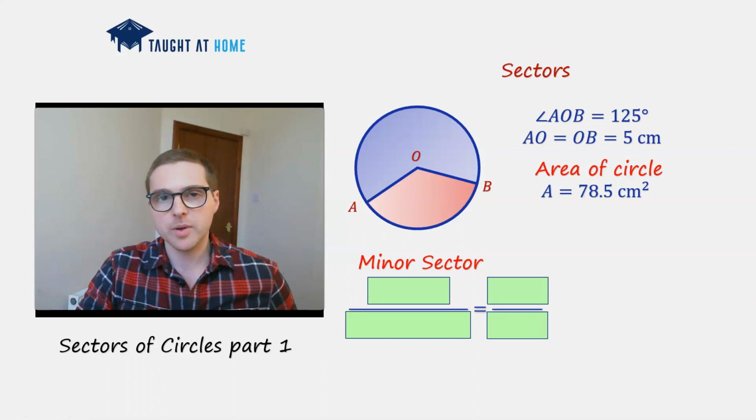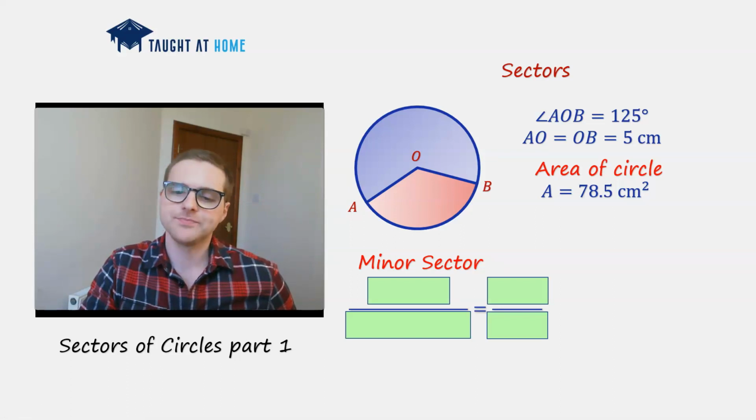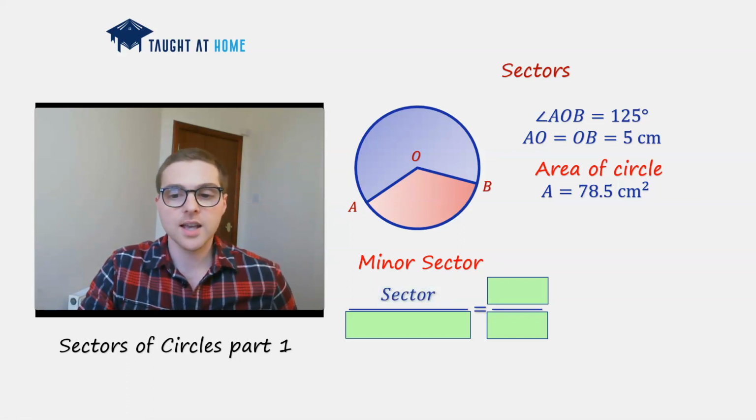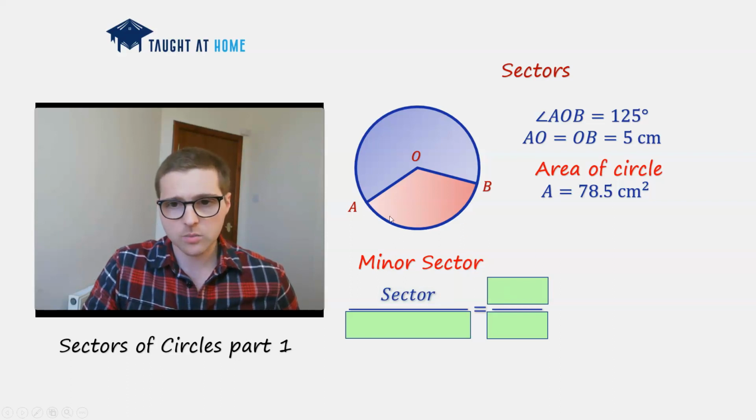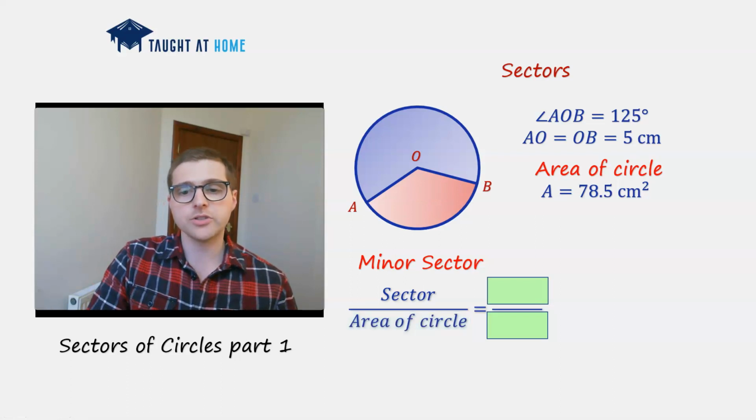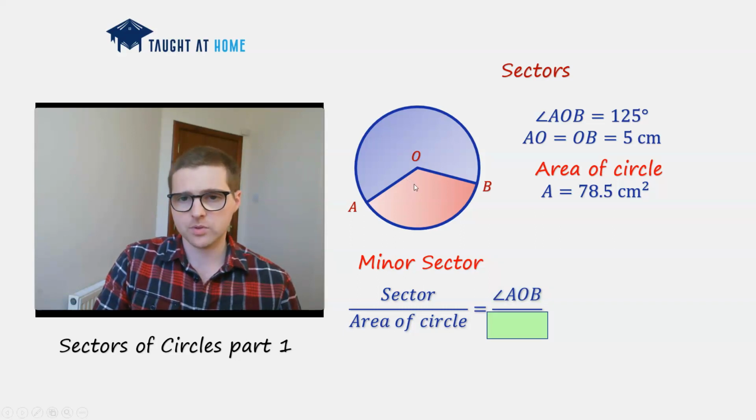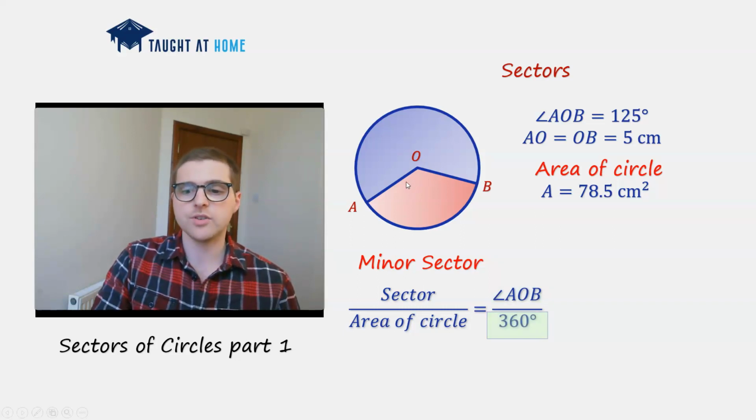Now this is very similar to when we calculated the arcs. So we've got the sector area, so the sector in this case is this part, and that divided by the total area of the circle. So the ratio between those two is the same as the ratio between the angle at the center, so this angle here, divided by 360 degrees.